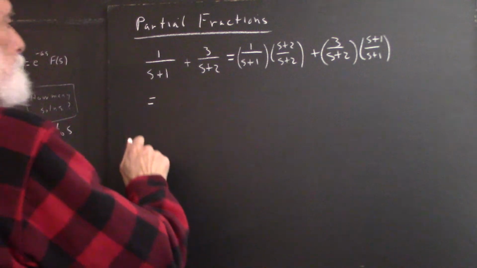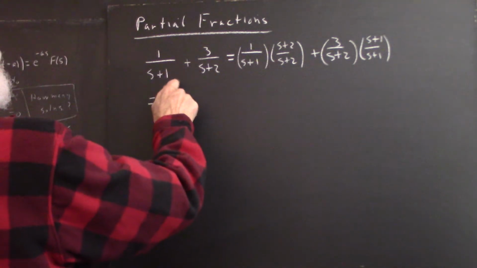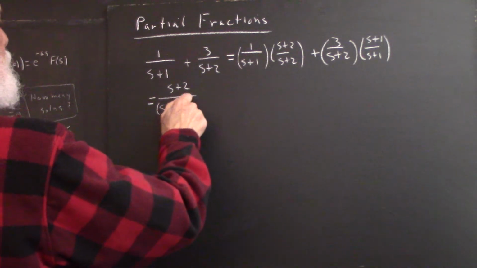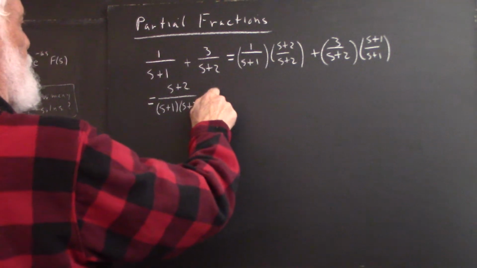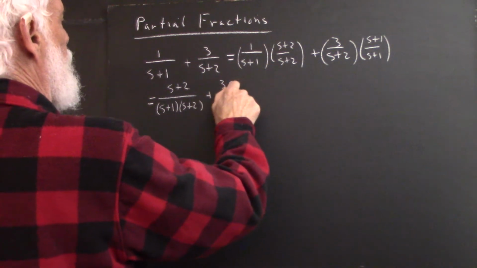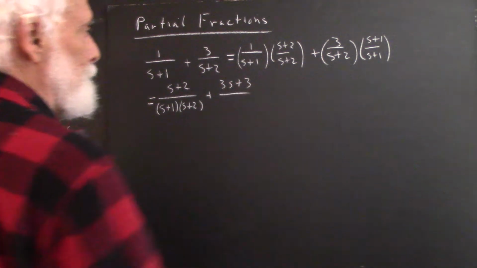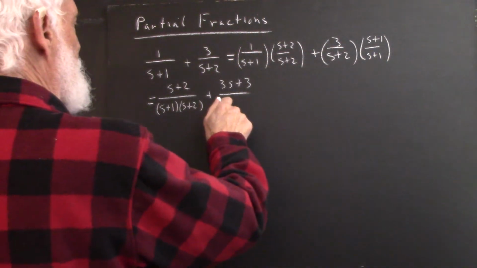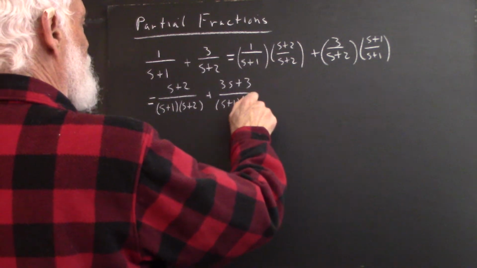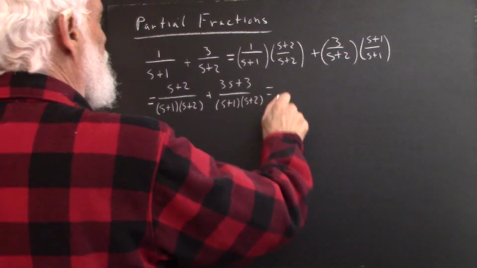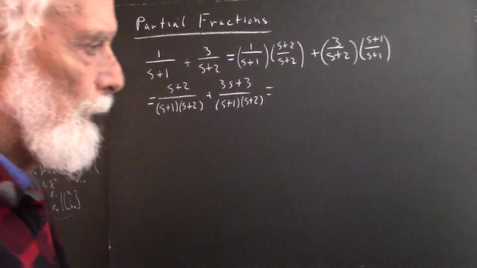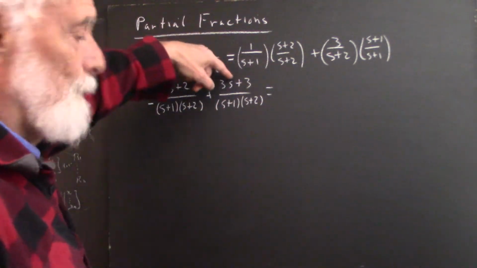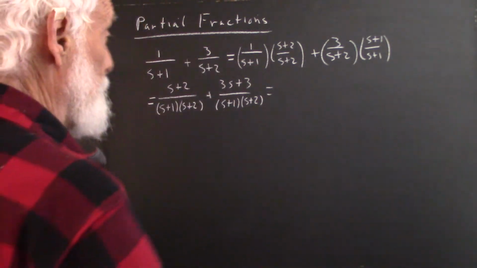And we get s plus 2 over s plus 1 times s plus 2, plus 3s plus 3, multiplying 3 through the s plus 1, over s plus 1 times s plus 2. Okay? And then we can add the numerators because we have a common denominator.